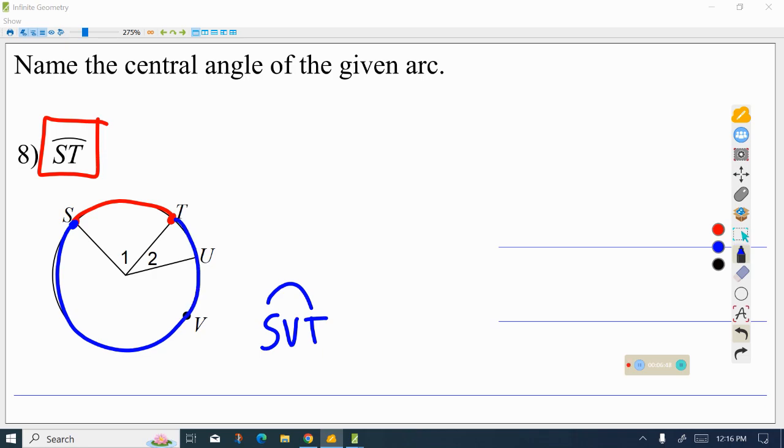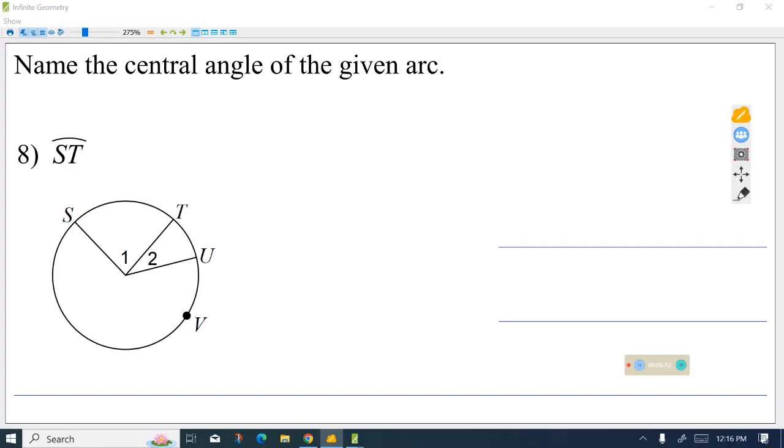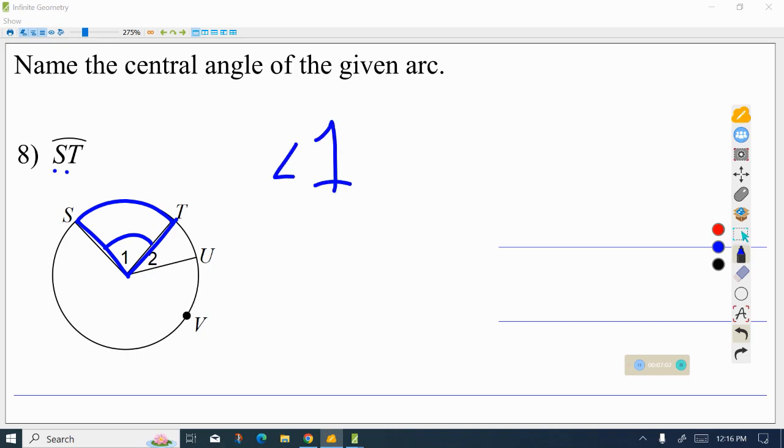So when we have an arc, you basically want to just use the shortest distance between the 2 points. Whenever we have 2 letters, we're going for the shortest distance. So that's these 2, and we can see that those trace back to a central angle of 1. So angle 1 is the central angle of arc ST.